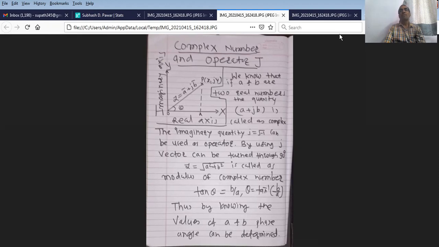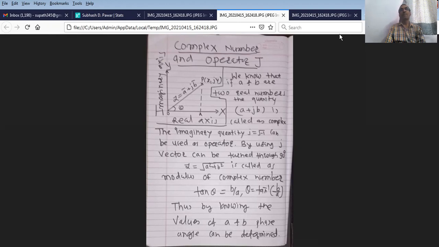Now, in the second semester, the first chapter we are going to start is the AC circuit, the alternating circuit.